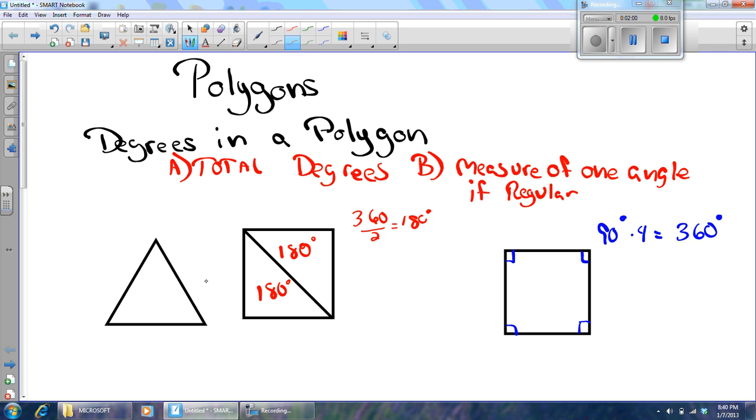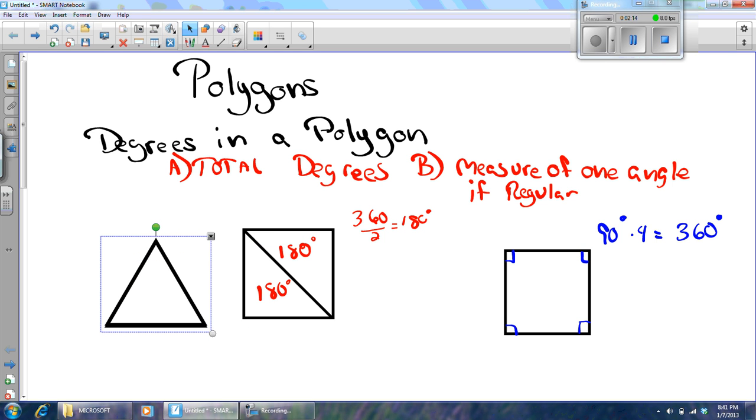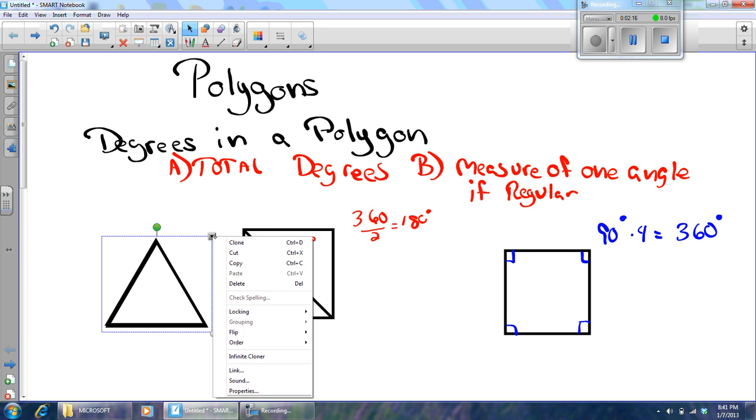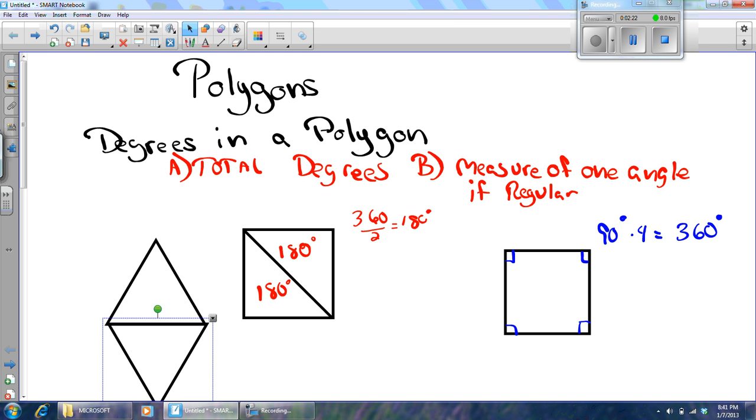Oh, by the way, that's true for all triangles, because if I double the triangle, put it together, I can make a quadrilateral. Like, for example, watch this. I'm going to clone this guy, okay, and then I'm going to flip him, and I'll bring him down here. And didn't I just make a quadrilateral?